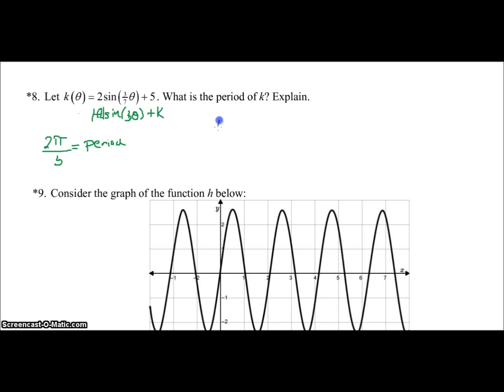So we have our period is equal to 2 pi over 3/7, which is 2 pi times 7/3, which is 14 pi over 3.